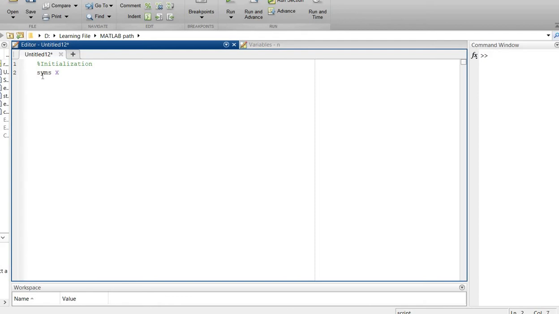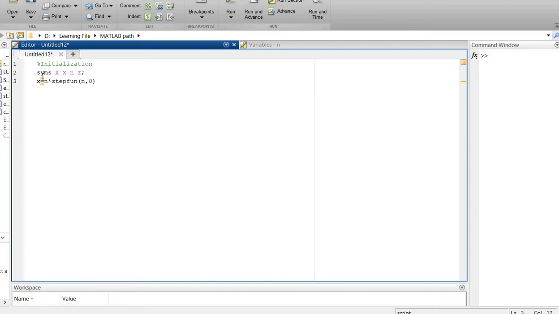Symbol capital X for our Z transform X, n, and z. So we're going to again, this is just an initialization. n times stepfun n, 0. So I've used stepfun in our previous skill builder.